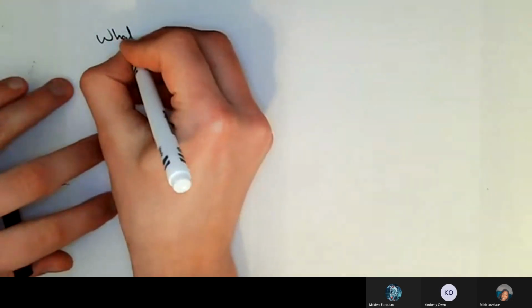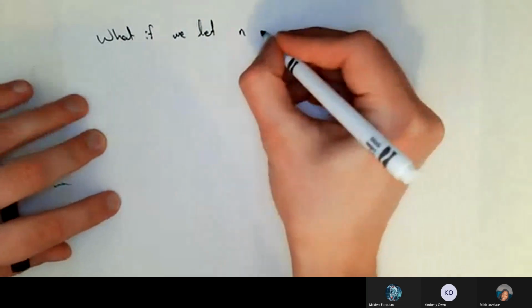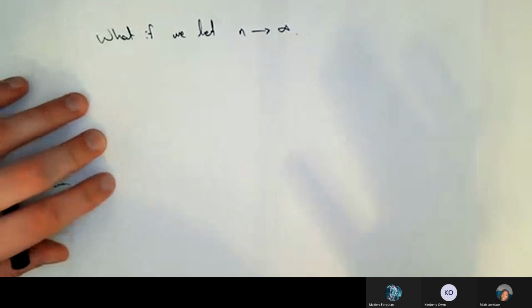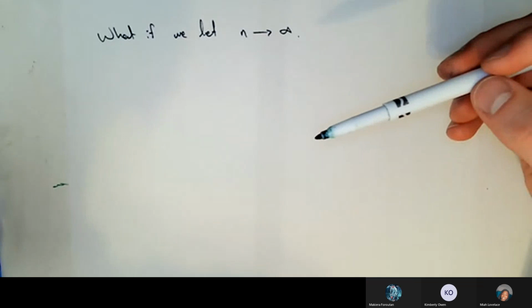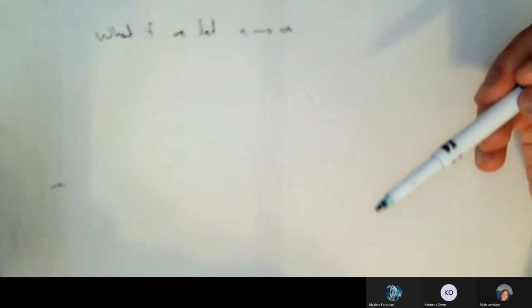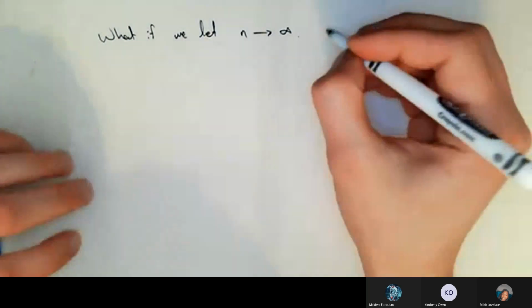So now I'm going to pose the question of what if we let n approach infinity, the number of compoundings approach infinity? Like, what if we let the savings account compound interest not just every day, not just every hour, but every second, every millisecond, every microsecond, continuously compounding?